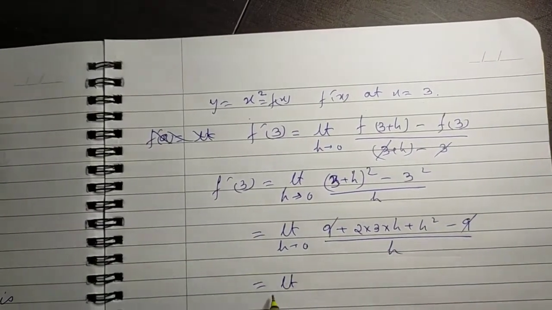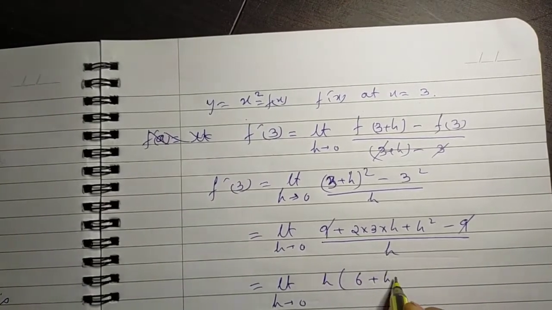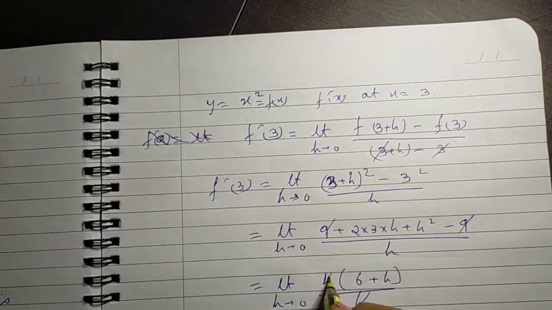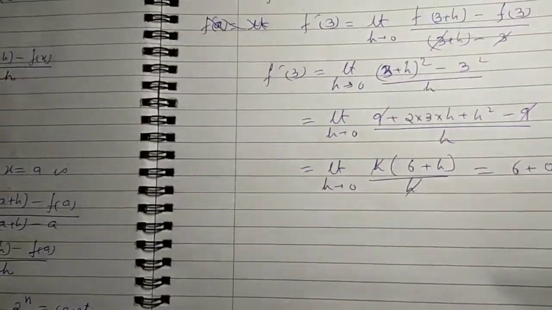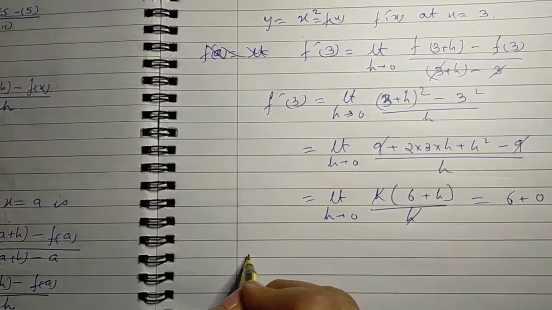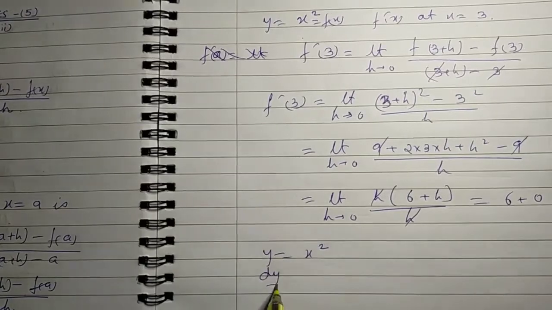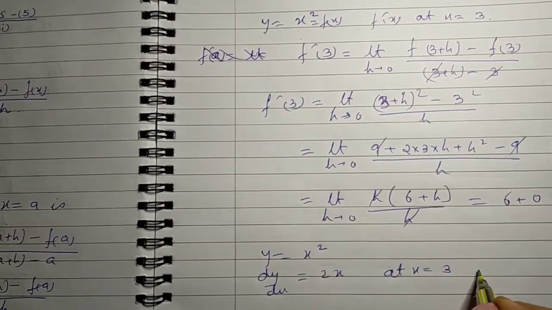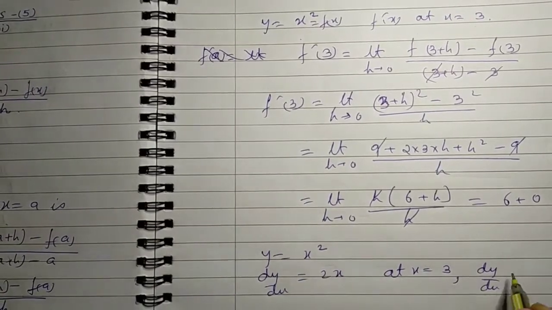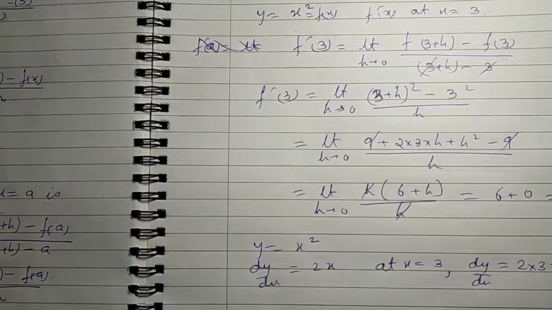Now all the terms have at least one power of h which can be taken common. (6 plus h) upon h, and this becomes 6 plus 0, which is 6, which is the same result as obtained directly. So you find y equal to x squared, dy/dx is 2x. At x equal to 3, dy/dx becomes 2 into 3, which is 6. It is the same result as obtained here.